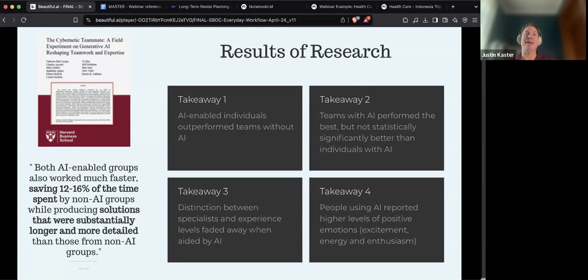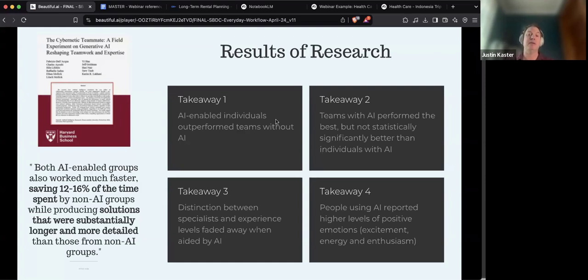The team that brings in AI is able to supplement the knowledge, and so that distinction between specialists and even experience fades. The lowest-level experienced people on the product development process were able to level up with AI closer to the people that had a lot of experience in that process.